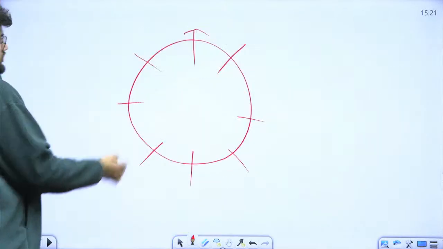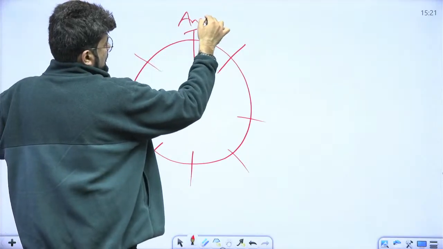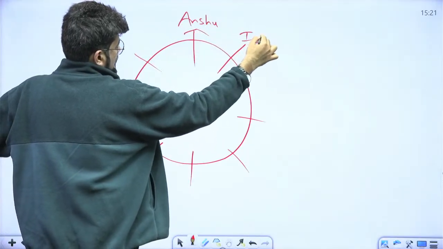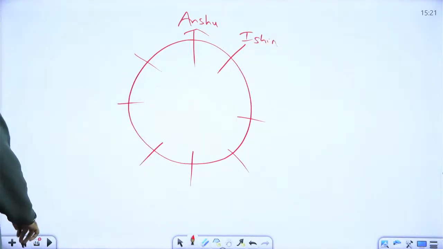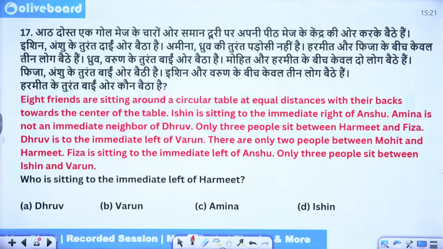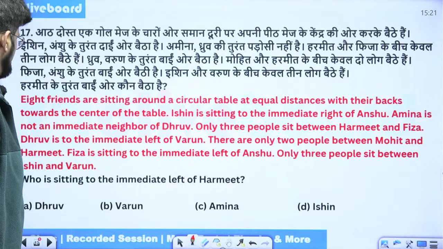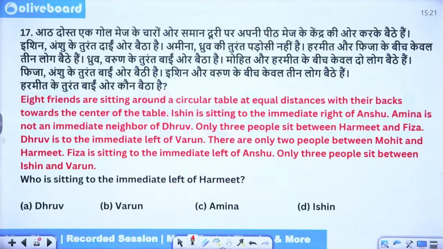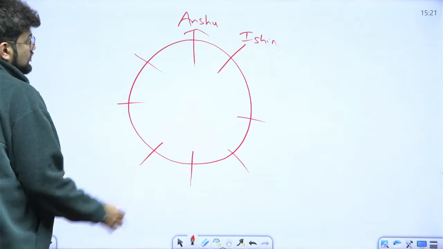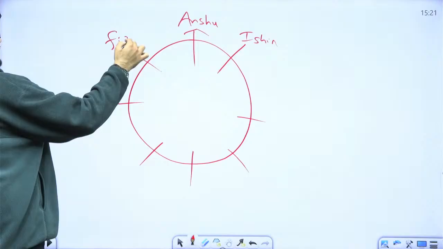So this has to be Anshu, and this is Ishan. Amina is not an immediate neighbor of Dhruv. Only 3 people sit between Harmeet and Fiza. Dhruv is to the immediate left of Varun. There are only 2 people between Mohit and Harmeet. Fiza is sitting immediate left of Anshu.